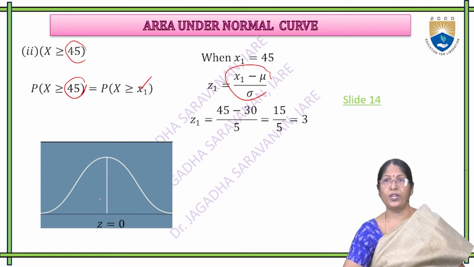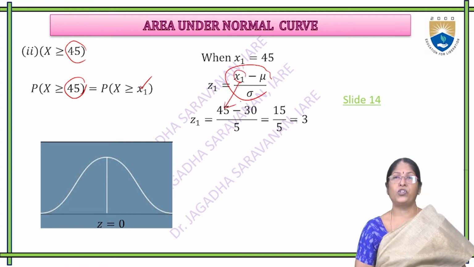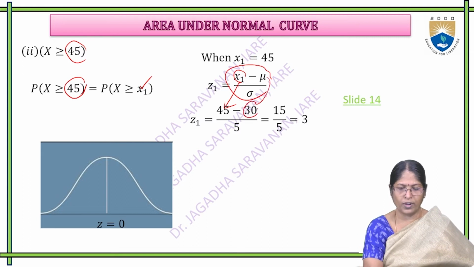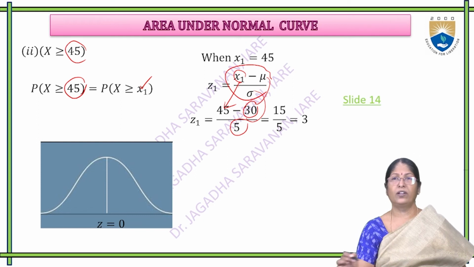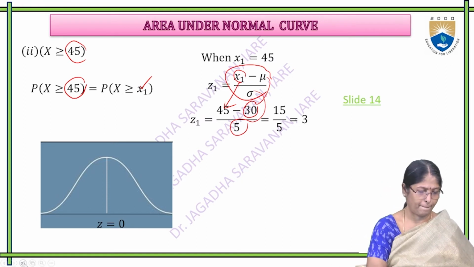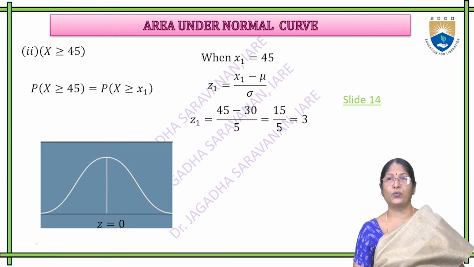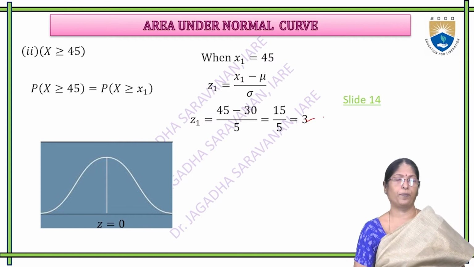So we are substituting x1 as 45, with mu 30 and sigma 5. This is the method we use when mu and sigma values are given. We substituted, so 15 by 5 equals 3.